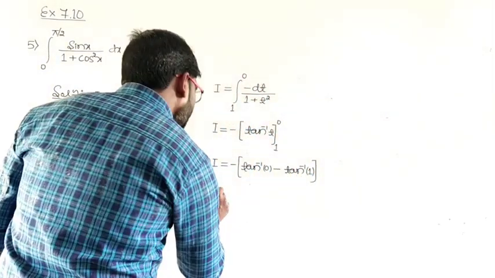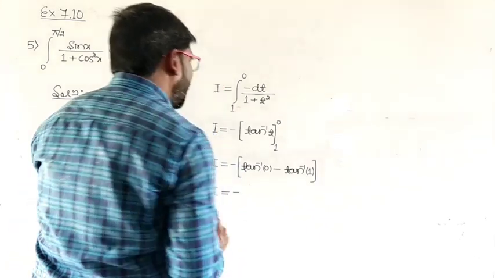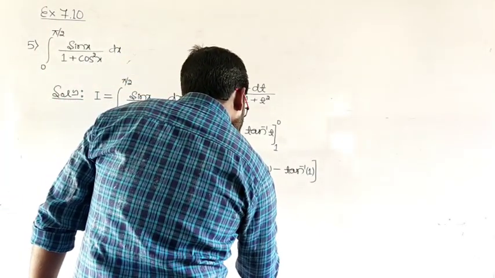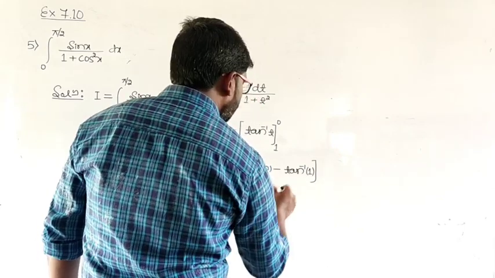Tan inverse 0 is 0. So 0 minus pi by 4, since tan inverse 1 is pi by 4.